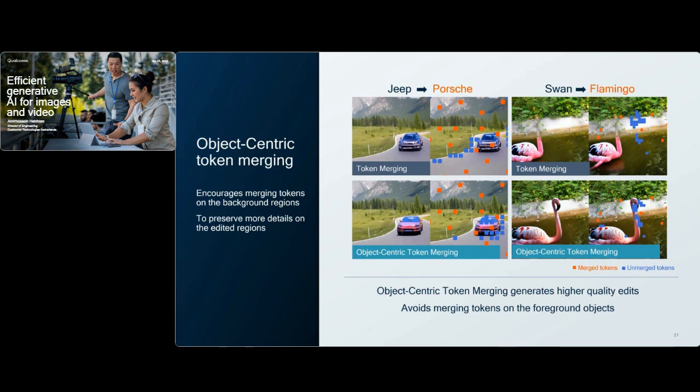Whereas object-centric token merging generates much better edits, and if you look at these dots, which we visualize to debug these two models, we realize that it's because the object-centric token merging assigns the unmerged tokens, visualized in blue, around the foreground regions which undergo editing operations.